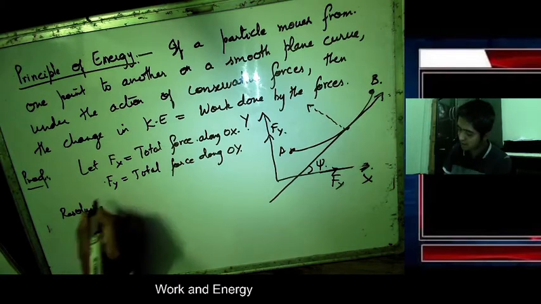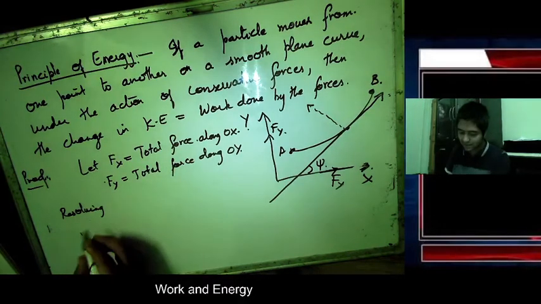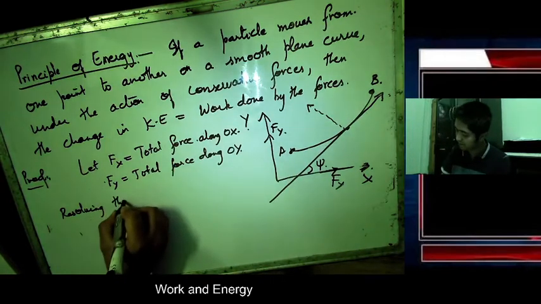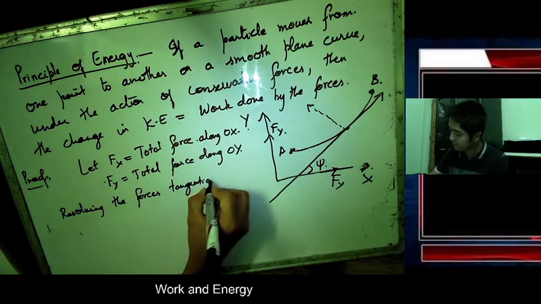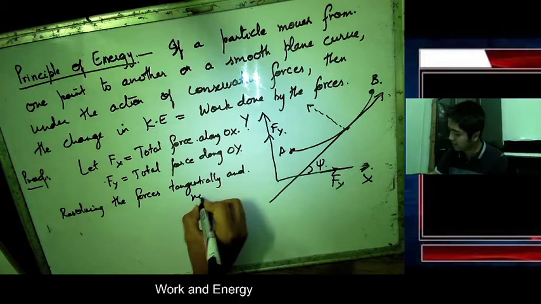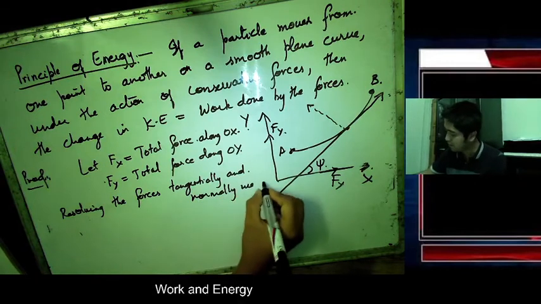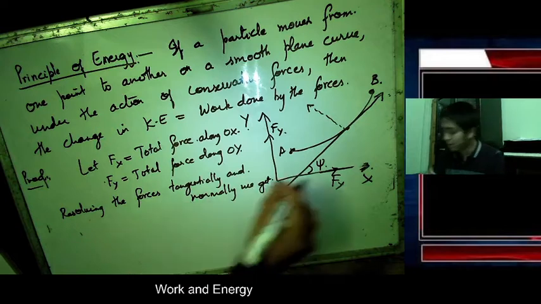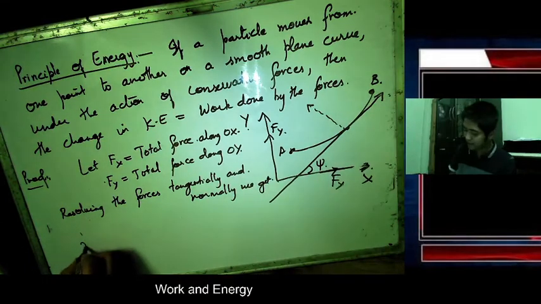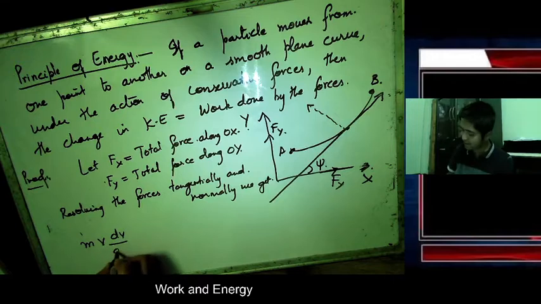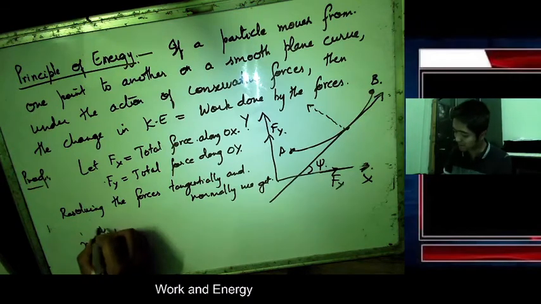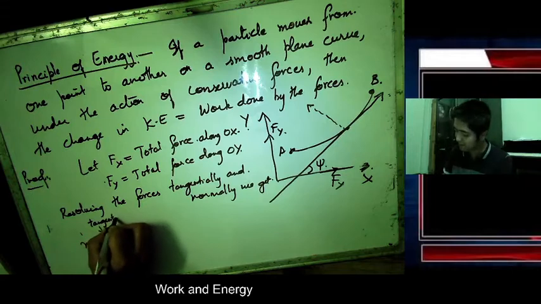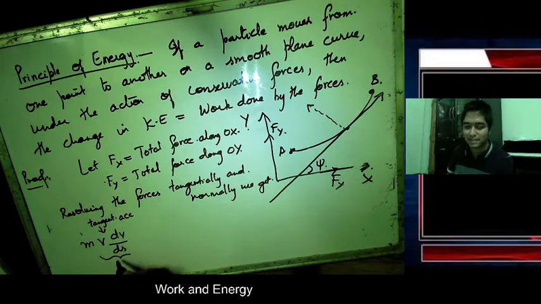Resolving these forces now tangentially and normally, what will be the force along this direction? It will be mv dv by ds. How did I get this? Because this is the tangential acceleration, v dv by ds.